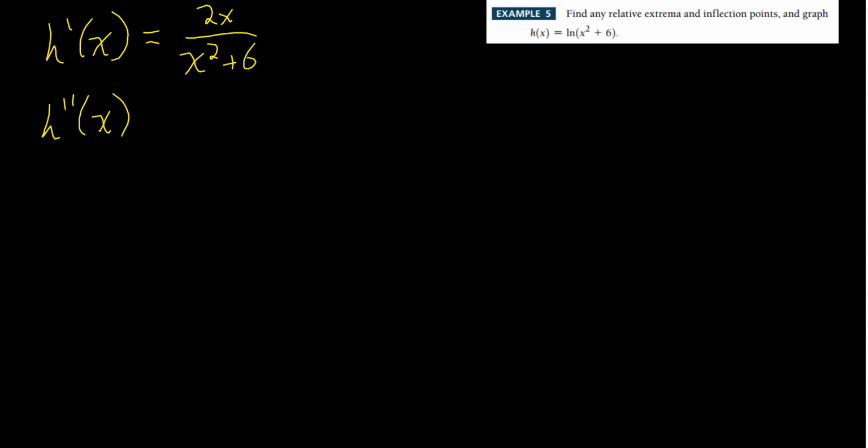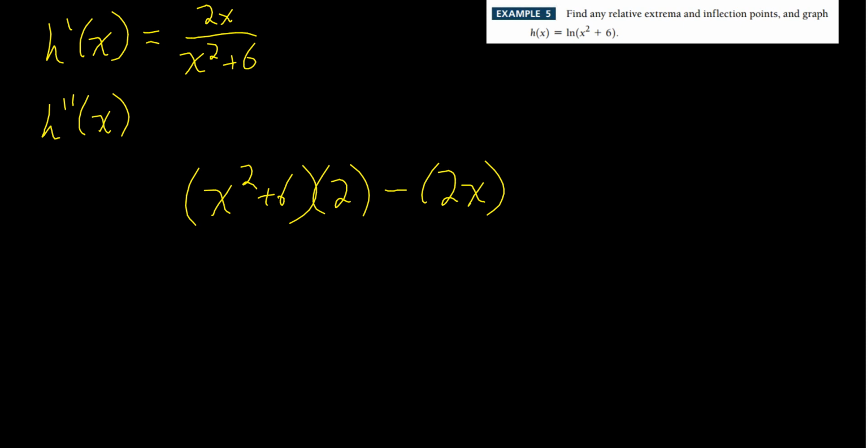Okay, so it's low d high, so x squared plus 6 times the derivative of the high, which is 2, minus high d low, so it's going to be 2x, and then the derivative of the bottom is also 2x. Right. All over low squared, which is x squared plus 6 squared.